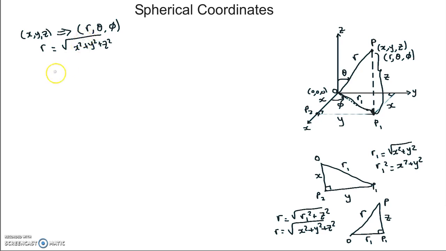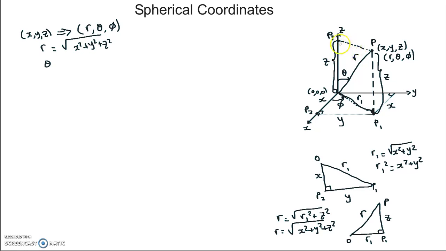How about theta? Let's project the point P onto the z-axis, and call this point P3. The length O to P3 is just the z-coordinate of our point.